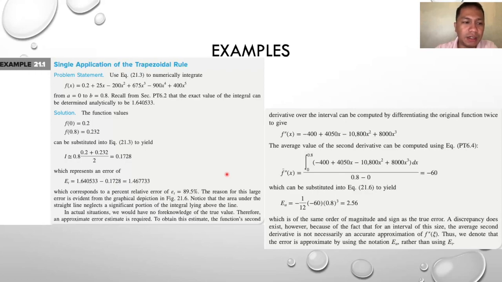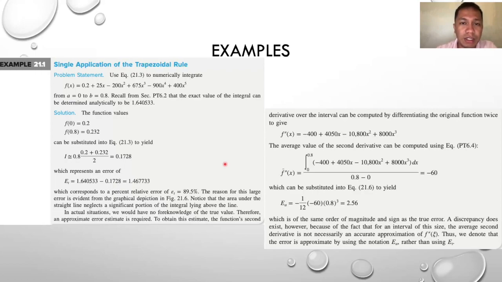The reason for this large error is evident from the graphical depiction of figure 21.6. Notice that the area under the straight line neglects a significant portion of the integral lying above the line.